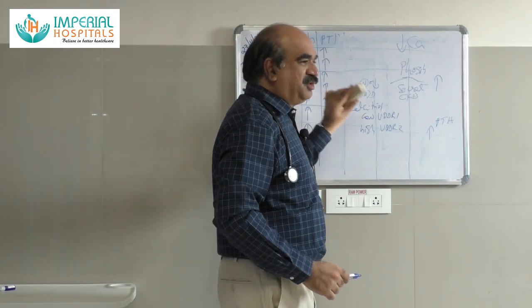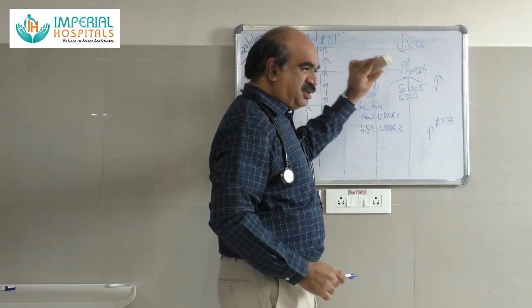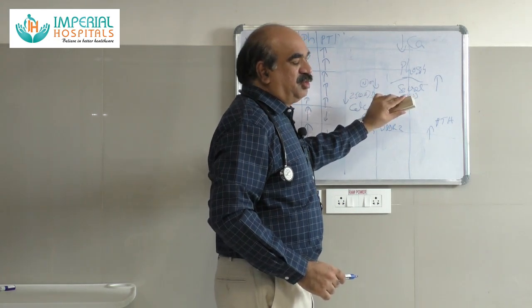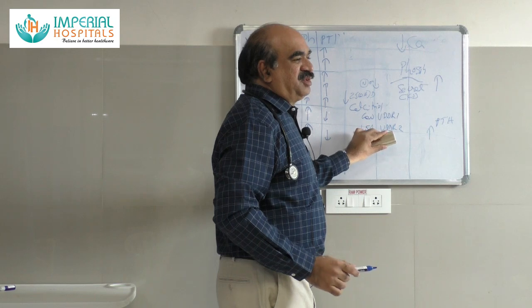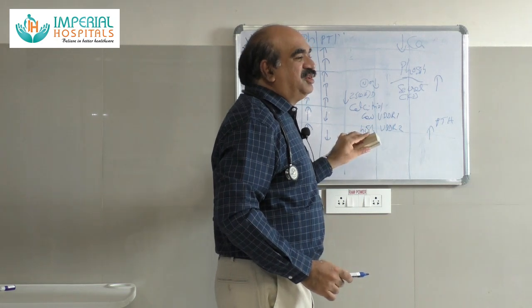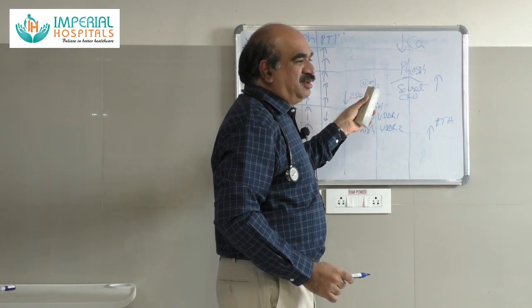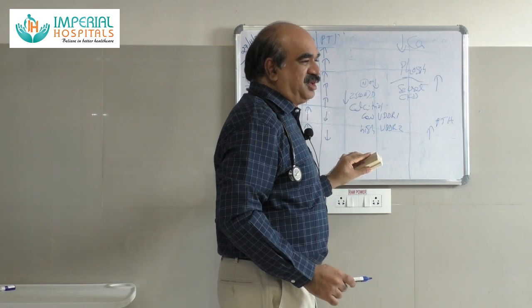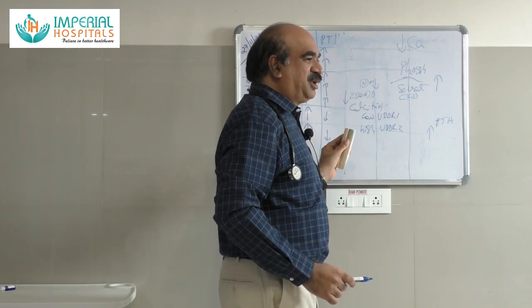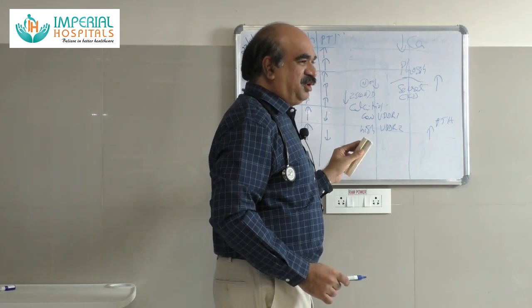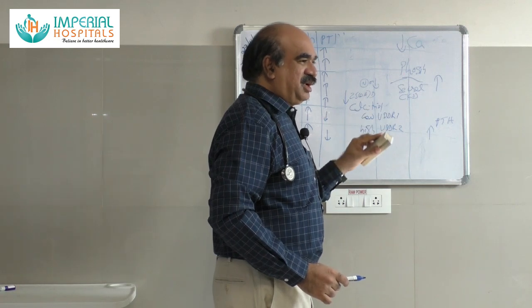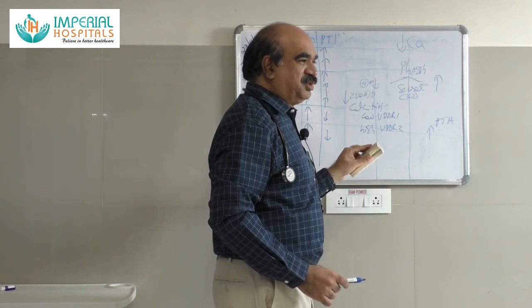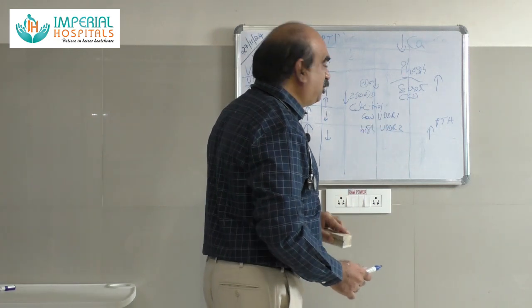So first rule out chronic kidney disease, then check PTH. If PTH is low, it is the classical case of hypoparathyroidism. If PTH is high and creatinine is normal, that indicates pseudohypoparathyroidism. There are 5 types of pseudohypoparathyroidism: type 1A, type 1B, and type 2.